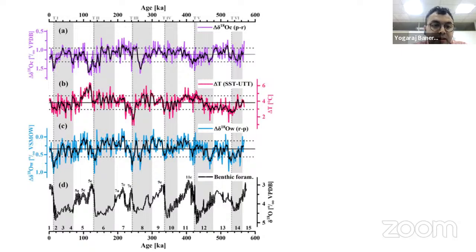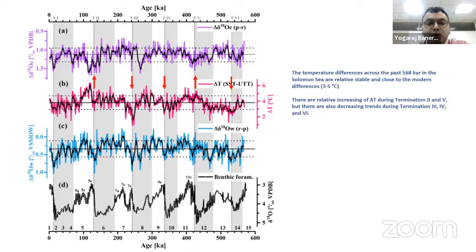Panel C is the differences in the reconstructed seawater composition, in this case ruber versus Pulleniatina. And panel D is the LR04 record.